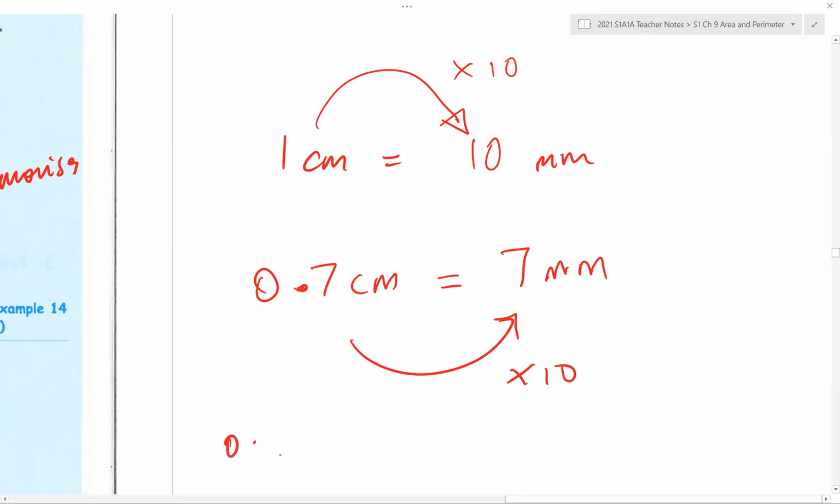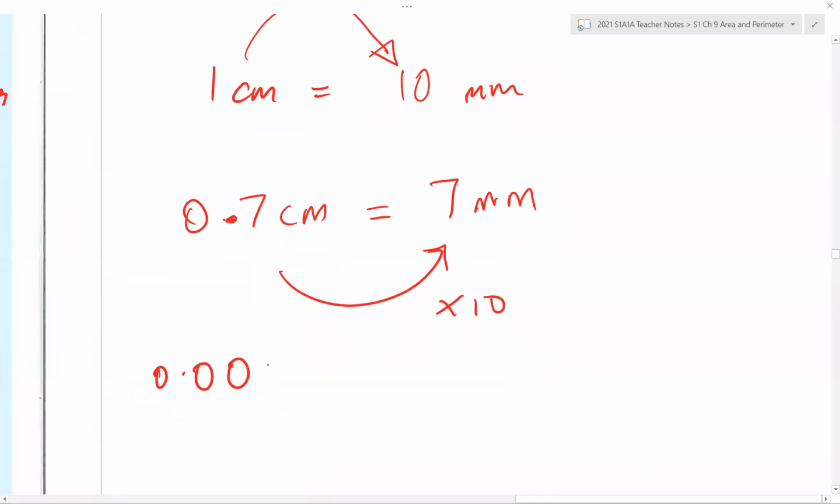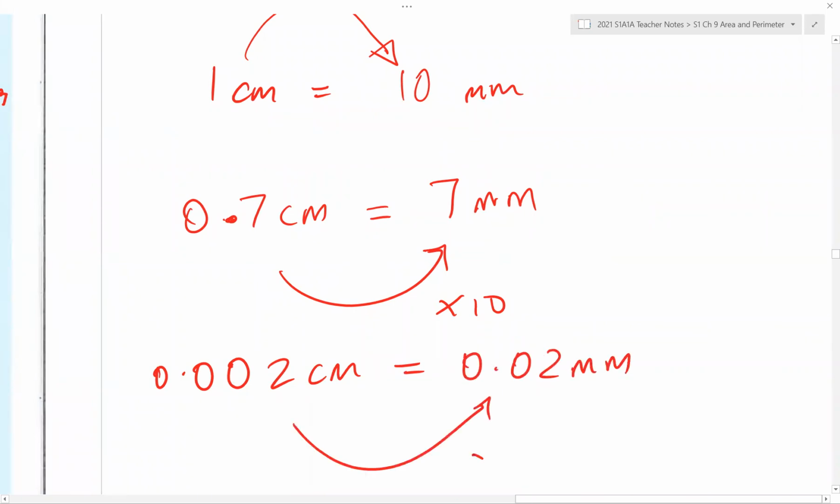Okay, 2 cm. How many mm will this be? Okay, still times 10. So far, very, very basic stuff. Yes? What about square? We are talking about length over here.